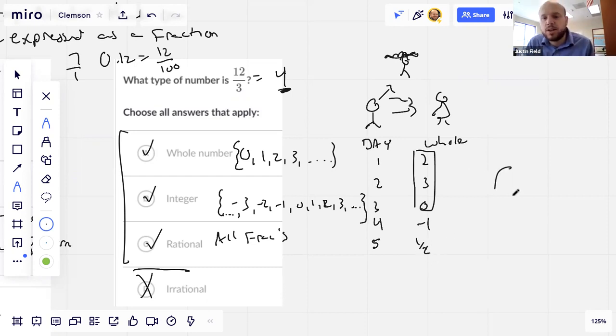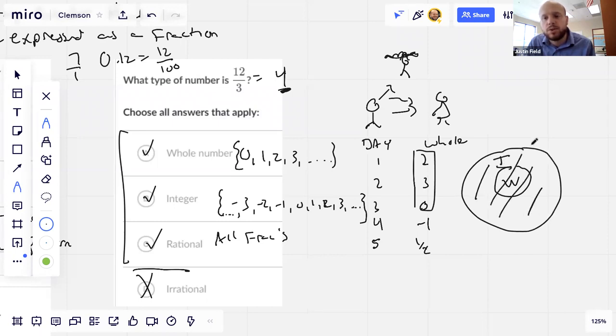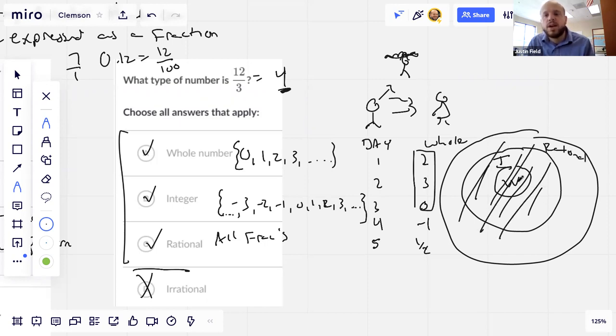And just another way of looking at it, you got the whole numbers, and then integers include whole numbers, and rational numbers include integers and whole numbers. Okay, so if it's a whole number, it's an integer. It's also rational, right? If it's an integer, it's not a whole number, but it is also rational. It's in both circles. Okay, so a little diagram.